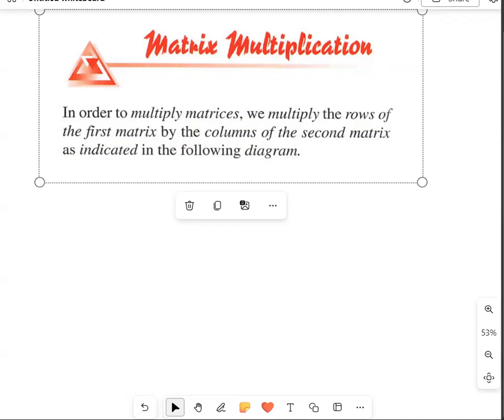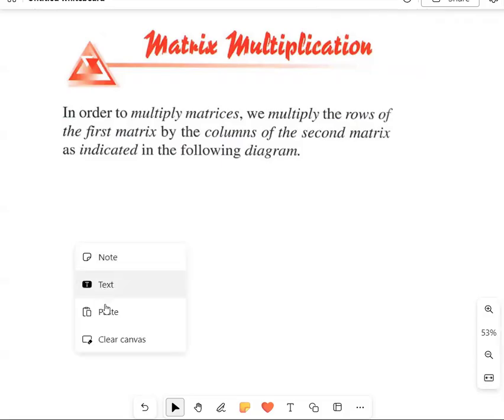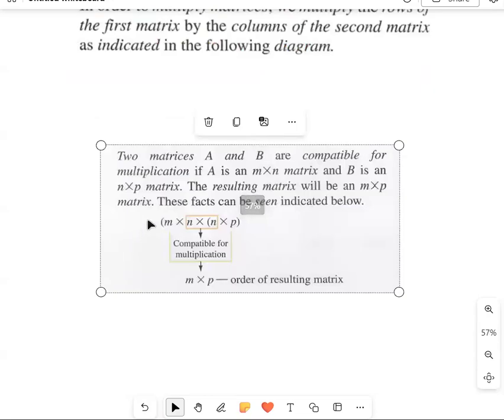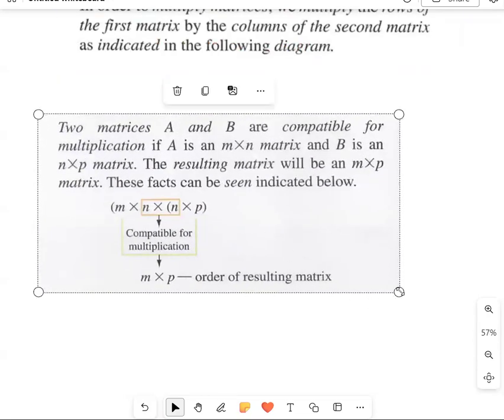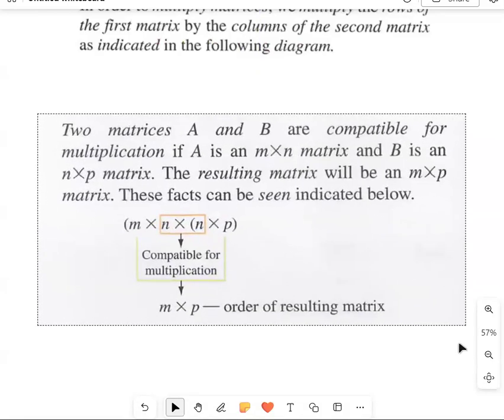Remember, with addition and subtraction, they had to be of the same order. So this here is the condition.